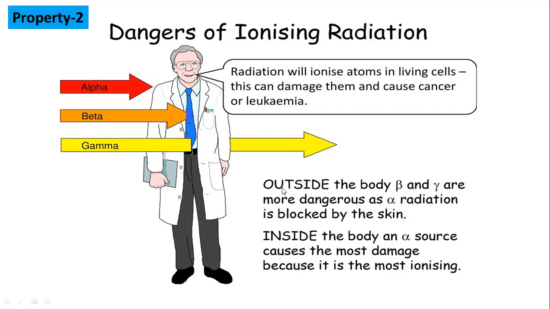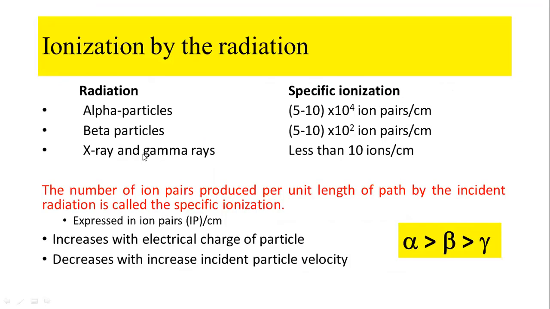So it depends on outside and inside the body. This is a little bit of comparison of the radiations as I have explained before. Alpha radiation has more ionization power as compared to the beta, and beta is more as compared to the gamma. Some examples are given here.